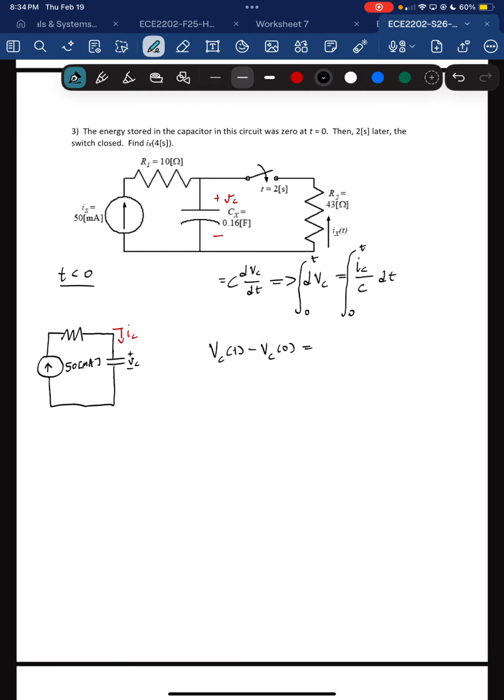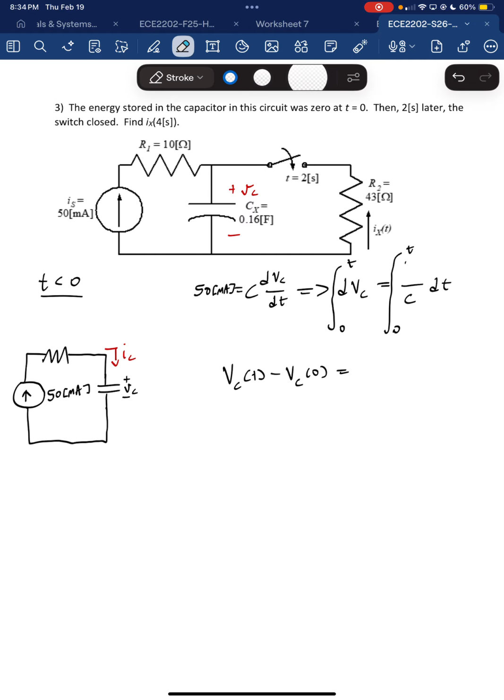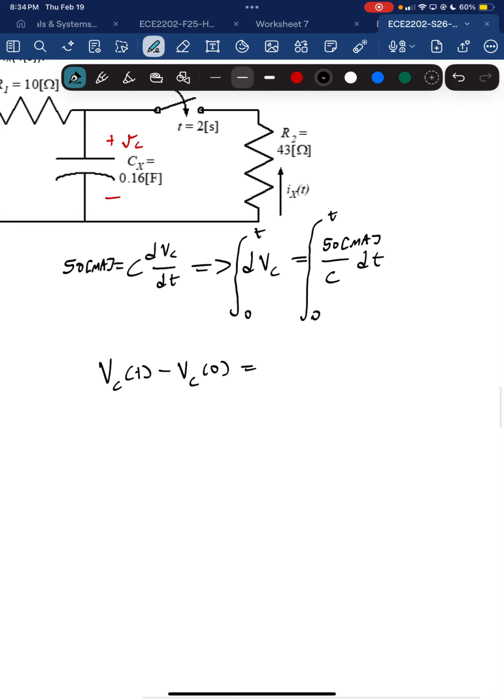What is it? 50 milliamps. So IC is 50 milliamps. And so what we're really integrating is 50 milliamps dt.